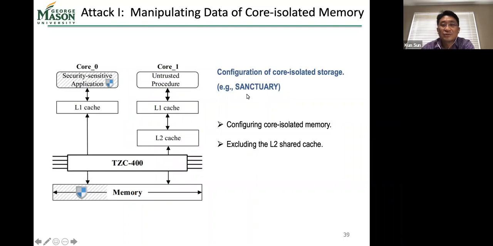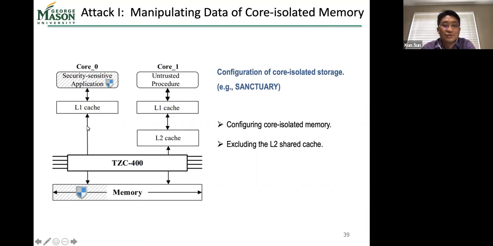For Sanctuary, their work is actually pretty solid. They think about protecting the memory, and also about when we run a security-sensitive application on core 0. Since the level 2 cache is unified and shared by all cores, they configure this core to exclude the level 2 cache, meaning they don't use it.